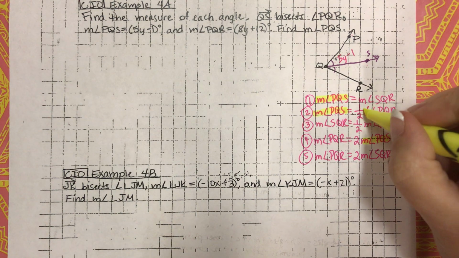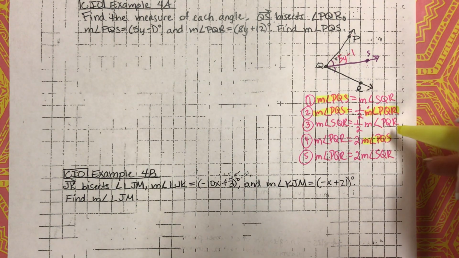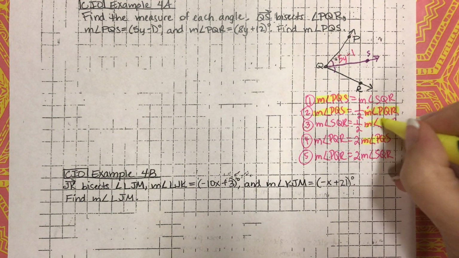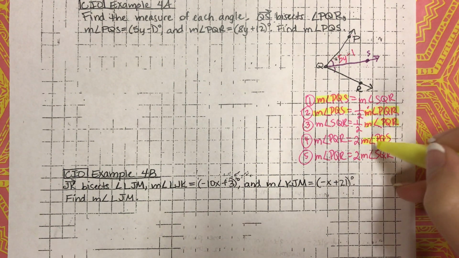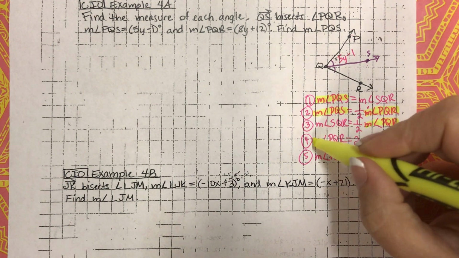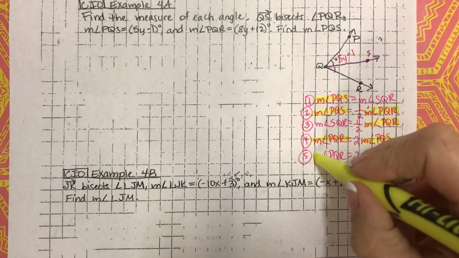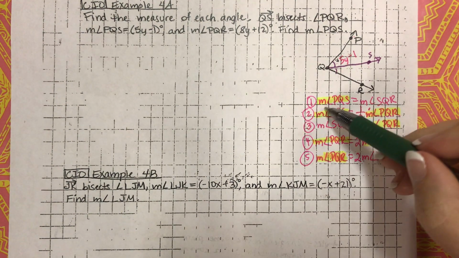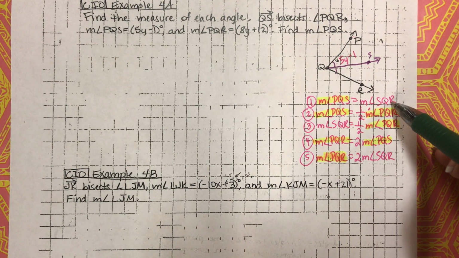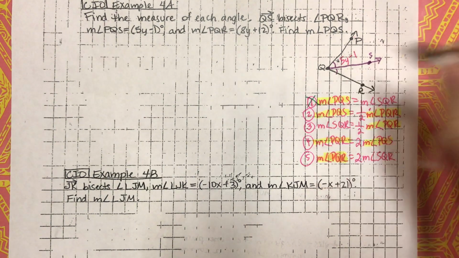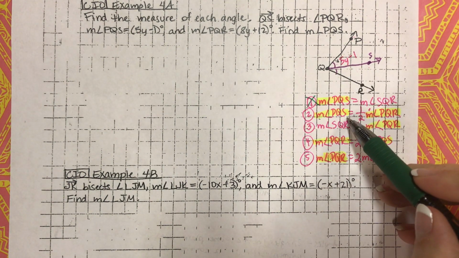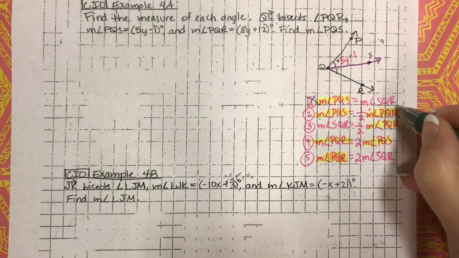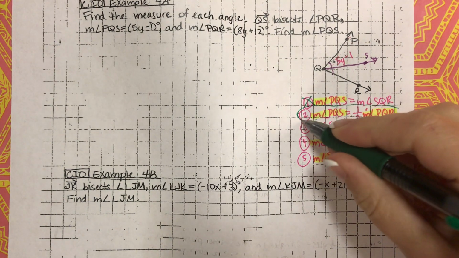Here's PQR, and here's PQR. So the one we're looking for is the one that has both of them highlighted. So here, we have this information, but we don't have that information. So we wouldn't use that equation. We have this information and we have this information. So we could use this equation.